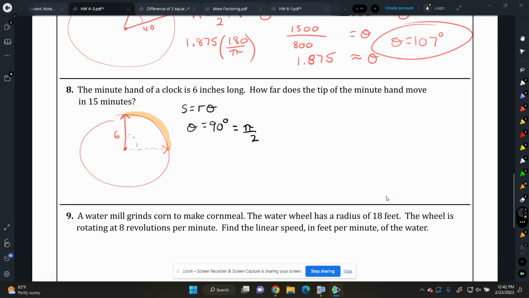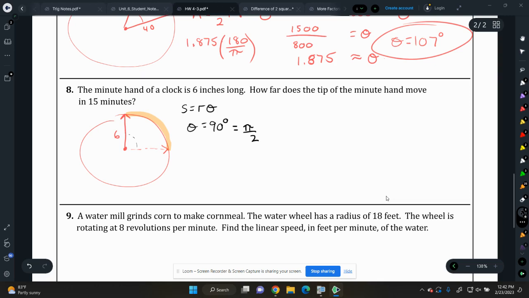Last night you labeled your unit circle, so that could have helped you. You labeled this was 0, this was pi over 6, pi over 4, pi over 3, and here at 90 degrees it was pi over 2.